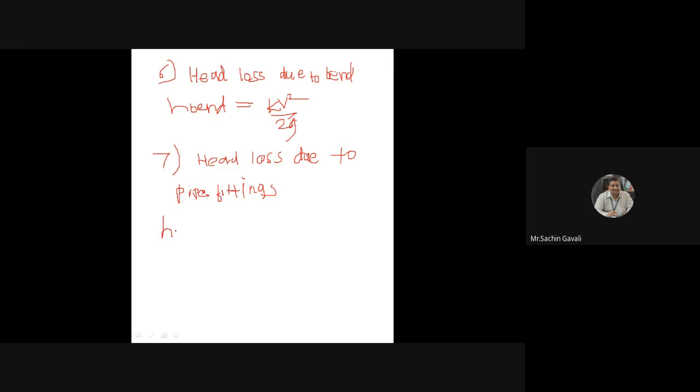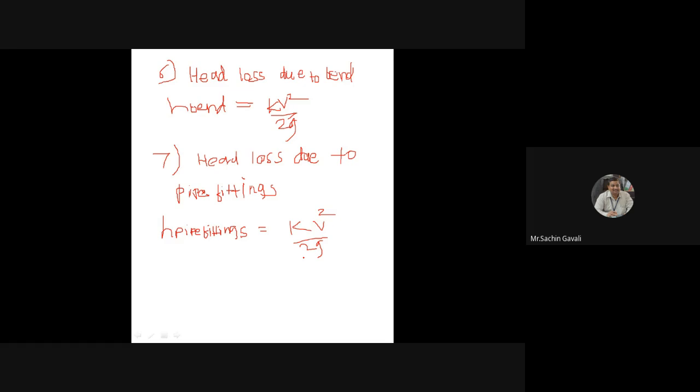H pipe fittings is equal to K into V square upon 2G, where these are the bends. These are the formulas that we have seen that day.